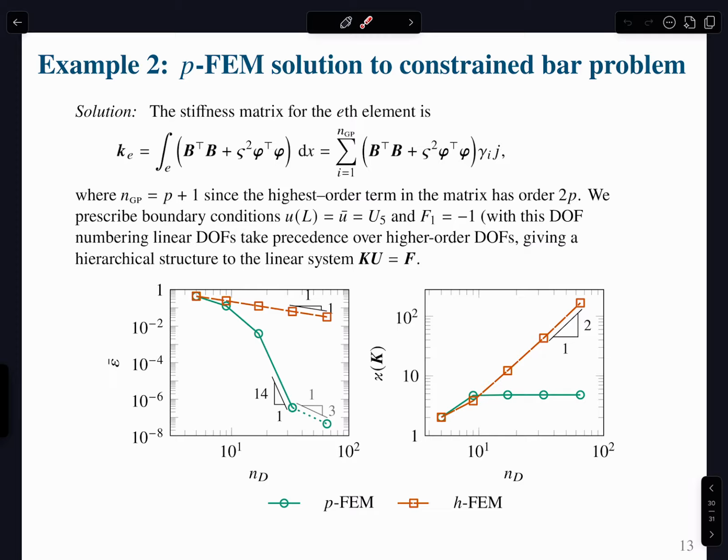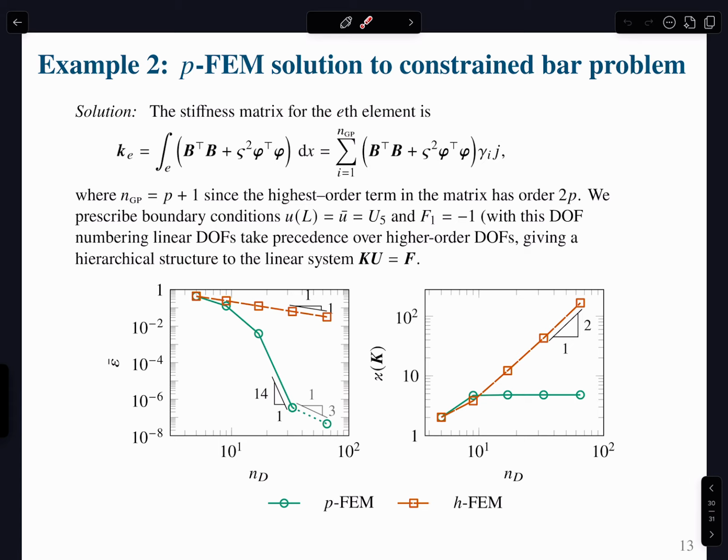So the order is of nd to the power 2. If I plot this versus h, it's basically h to the power of minus 2.